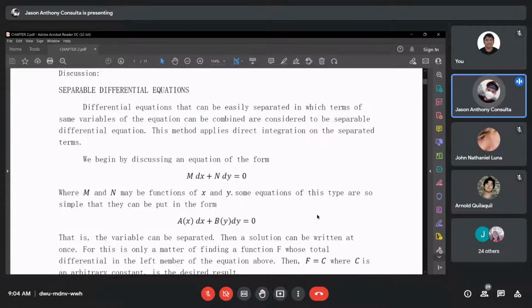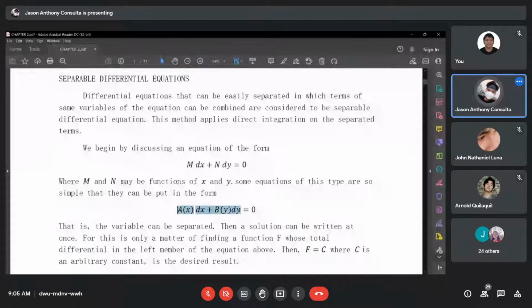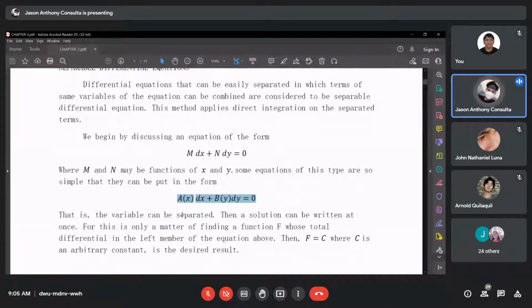Okay, some equation of this type are so simple that they can be put in the form ginagawa silang a sub x dx plus b sub y dy equal to 0. So in this form, this can be easily separated. Okay, x dx and y dy.